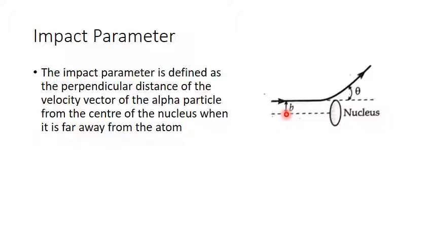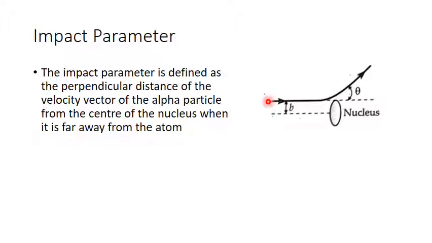Can you see this b? This is the perpendicular line drawn from the velocity vector of the alpha particle to the center of the nucleus. This dashed line is the center of the nucleus. So the impact parameter denotes this small distance when your alpha particle is far away from your nucleus.